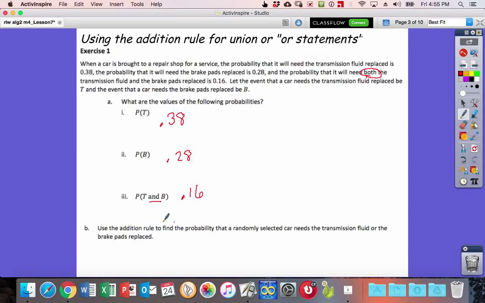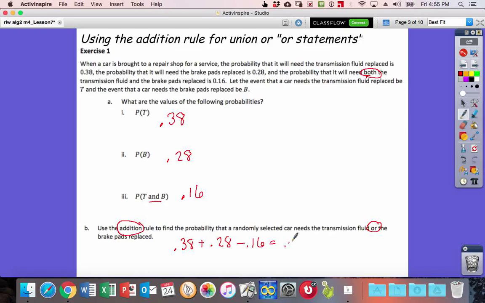If you want to use the addition rule, which is when you have an or statement, what is the probability the randomly selected car needs the transmission fluid or the brake pads replaced? So you're going to take the probability of the transmission, the probability of the brakes, and subtract the both, and you were lucky they gave you that one.